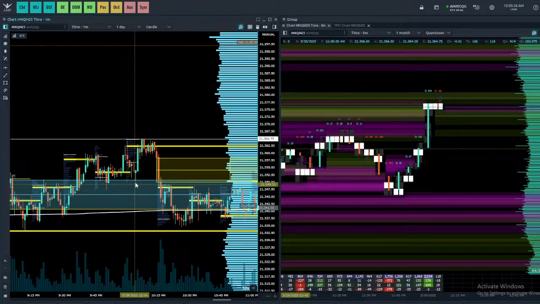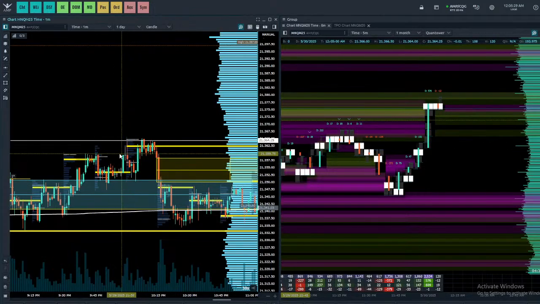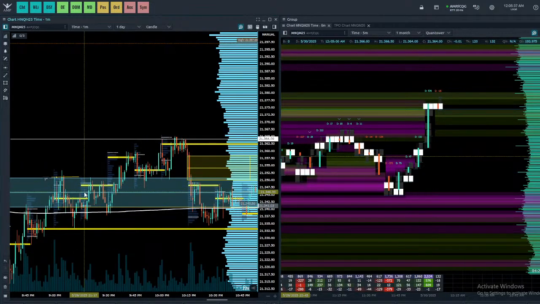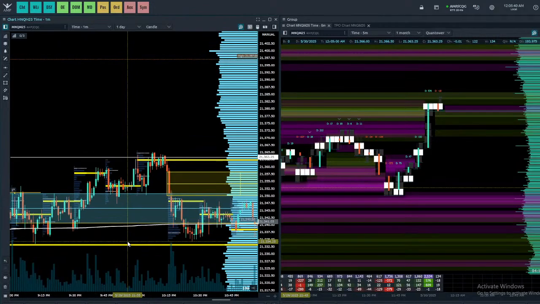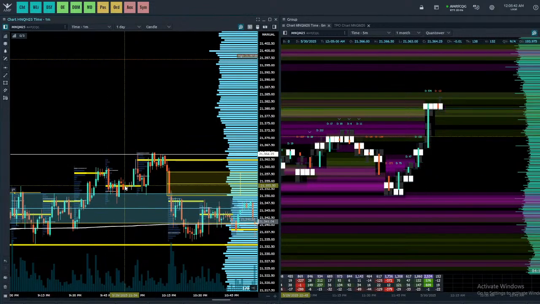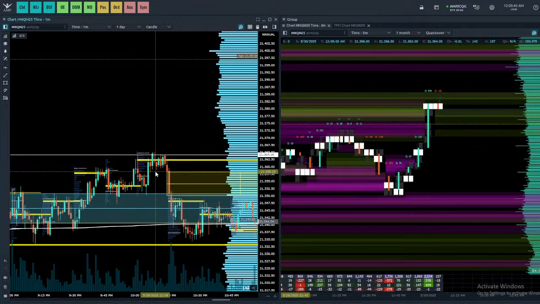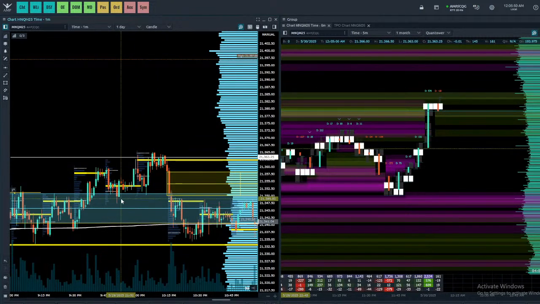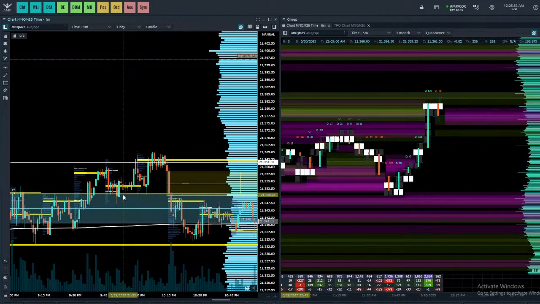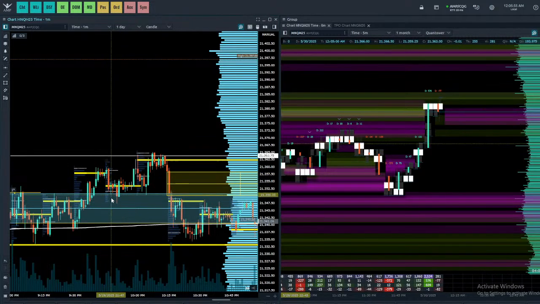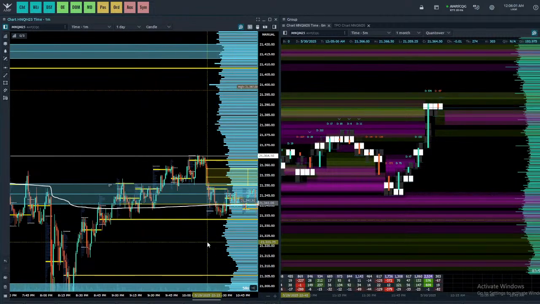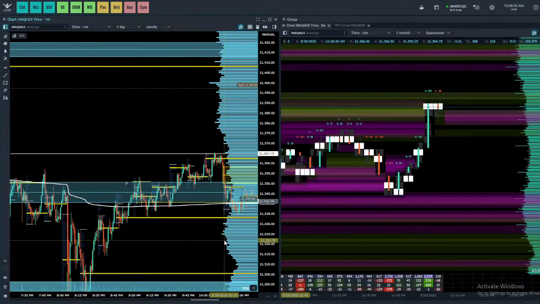Okay, so this was the initial accumulation, or my trick, or this was the accumulation, equal highs, equal lows. So we got equal highs, equal lows. Boom. Zoom out a little bit. Zoom out. Okay.